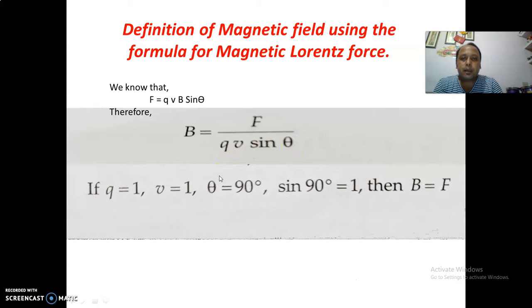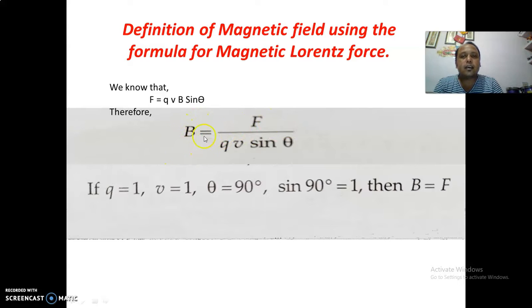Now if we consider the charge to be unity, that is 1 coulomb, if we are considering the SI unit, velocity to be 1 meter per second, and the angle to be 90 degrees, so that sin 90 is 1, then the value of magnetic field will be numerically equal to the force. We say they will be numerically equal because their units are different.